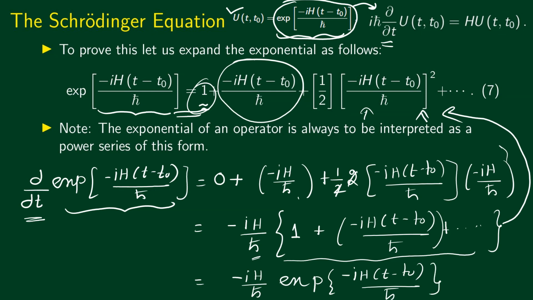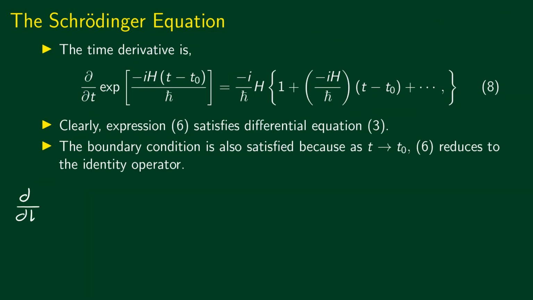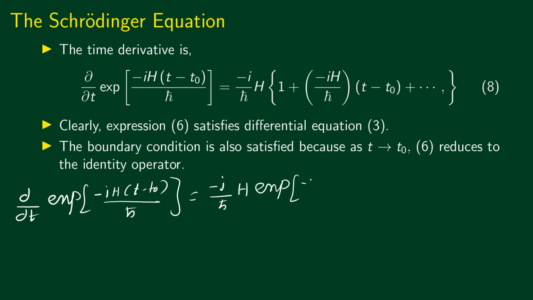Okay. So we see that the partial time derivative of exponential minus iH(t − t0)/ħ is equal to minus i divided by ħ, H multiplied by exponential minus iH(t − t0)/ħ.